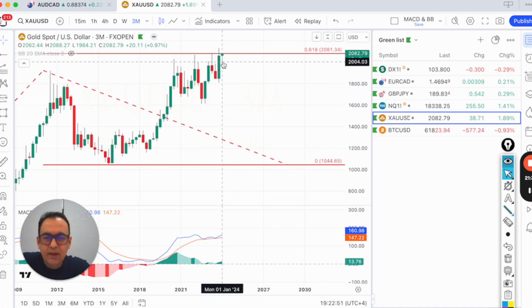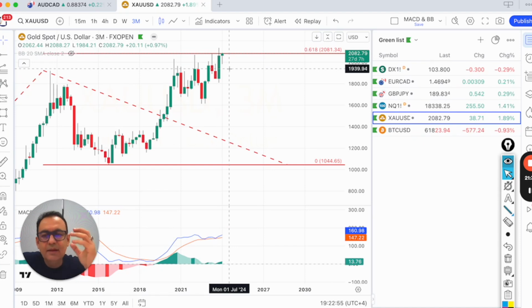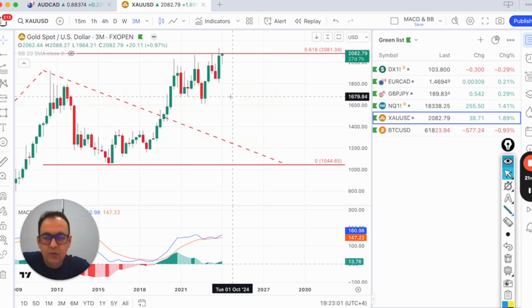So it is holding this level very tightly, and it looks like the buyers are in full control for this instrument, for gold, and there are no signs against.